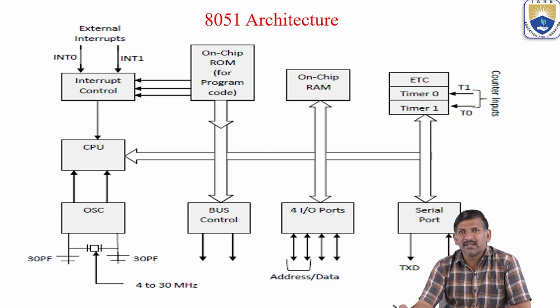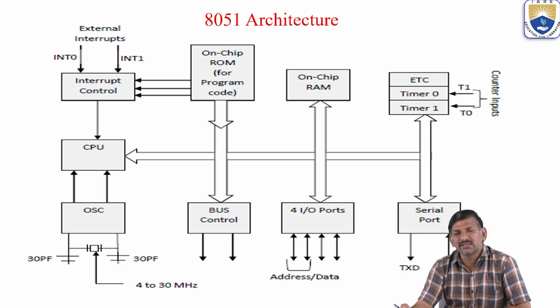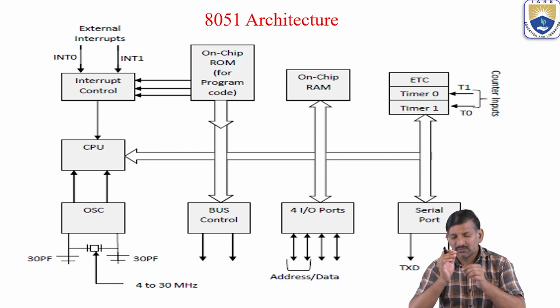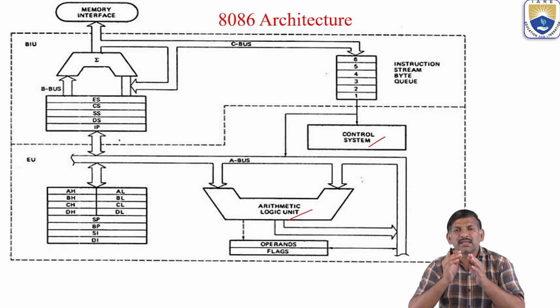The advantage of the 8086 is that it provides maximum performance. But the limitation of the 8086 is that if you want to design a particular embedded system, it requires memory for storing the instructions, input and output peripherals for interacting with the external world, special hardware for special functions, and communication peripherals for sharing information among all these things.